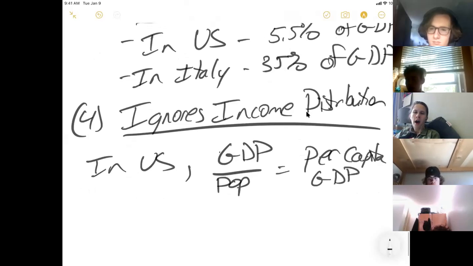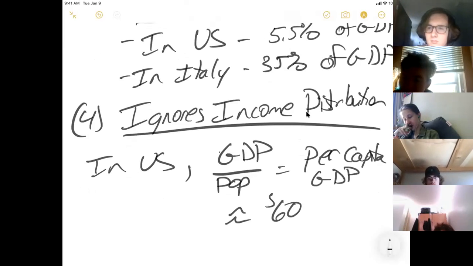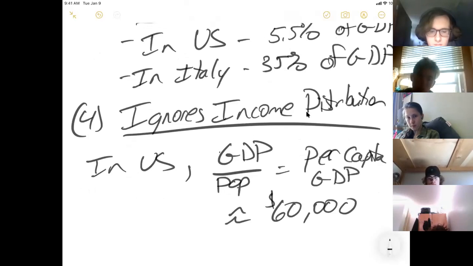In the US, if we look at GDP divided by the population, in other words, GDP per capita, this is roughly about $60,000.